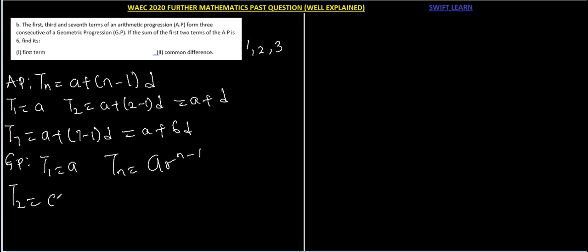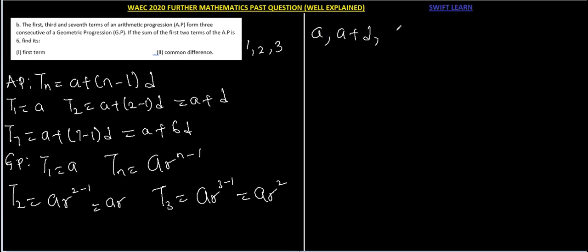So that will be AR^(2 minus 1), which is AR. And the third term is AR^(3 minus 1), which is AR squared. Good. So we have A plus D and A plus 6D equals AR and AR squared, because it said it forms, that means they are equal to all this.